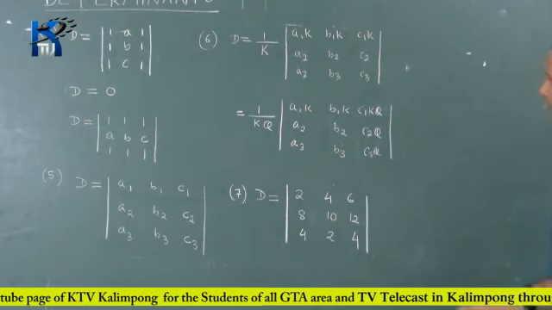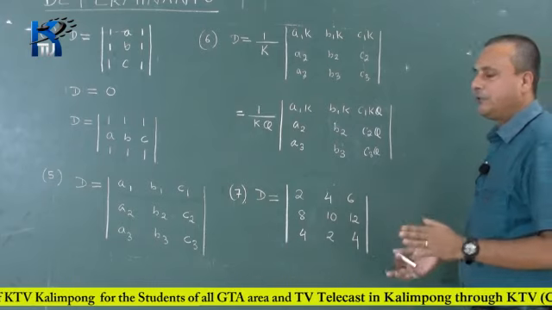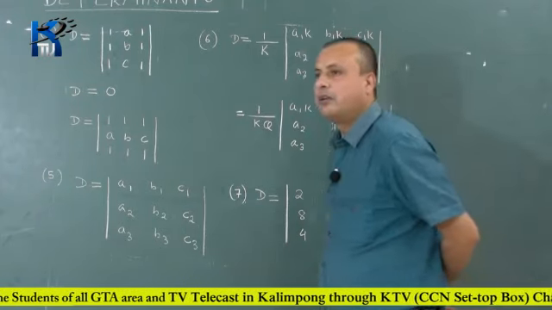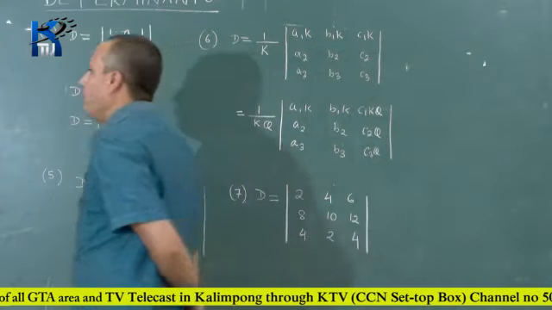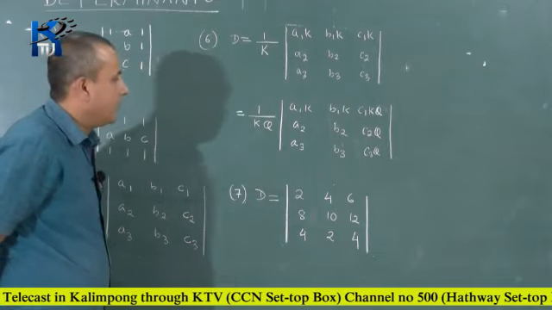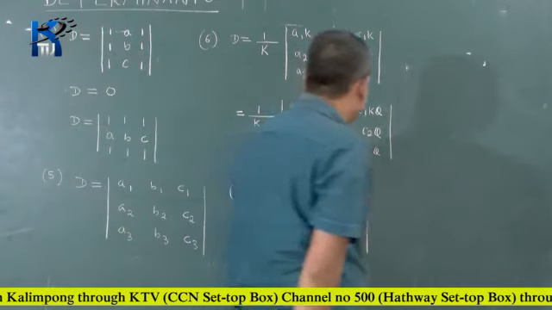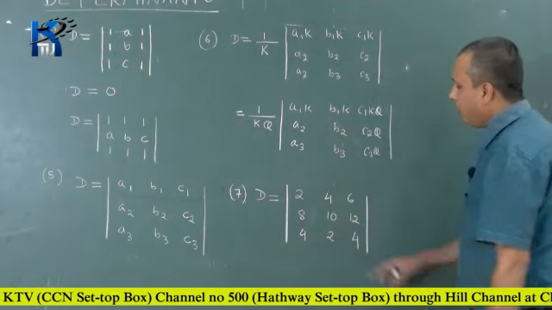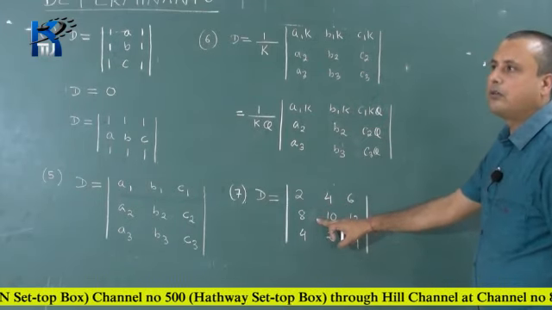In case of a determinant, the common factor can be taken out from a single row or from a single column. We cannot take one common from all the elements in case of a determinant, whereas in case of matrices you have to take only one common. But in case of a determinant, the common can be taken out from a single row or from a single column.